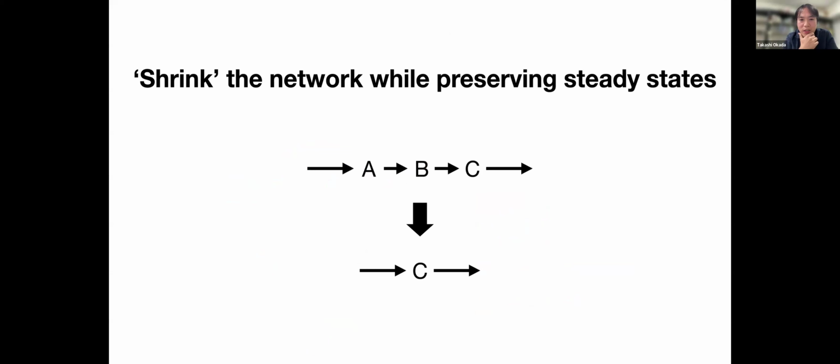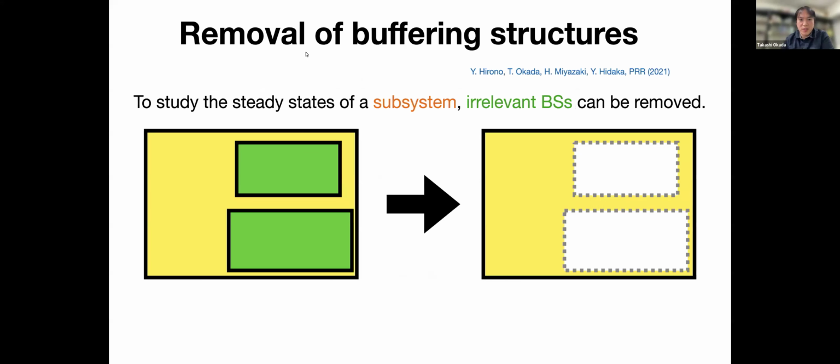So in the remaining time, I'd like to talk about another topic, network reduction based on buffering structures. To clarify the problem, let's suppose that there is a network, and that contains several buffering structures.